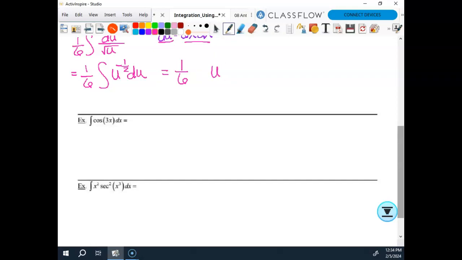I get 1/2. Negative 1/2 plus 1 is 1/2. Y'all agree with that? Yes, I know. The hardest question ever. It's 1/2. And so then I have to divide by my exponent, which means I'm multiplying by 2 over 1. And then I'm adding c.